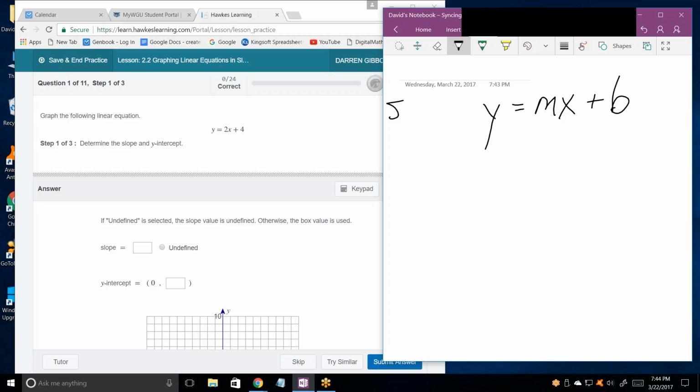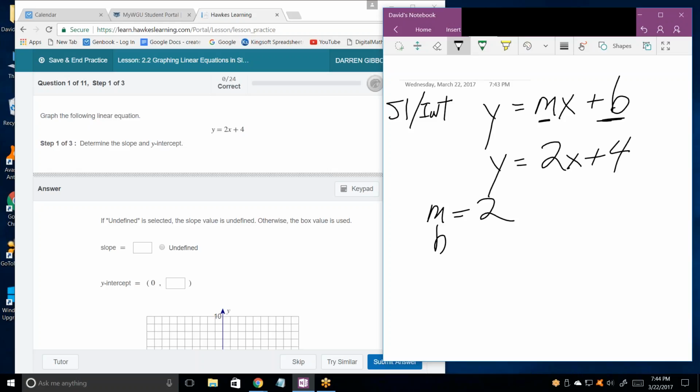This is called the slope-intercept formula, where m is the slope and b is the y-intercept, not the x, the y-intercept. So if I have this equation, y equals 2x plus 4, I know immediately that my slope is 2 and that my y-intercept is 4. Well, that allows me to graph it.